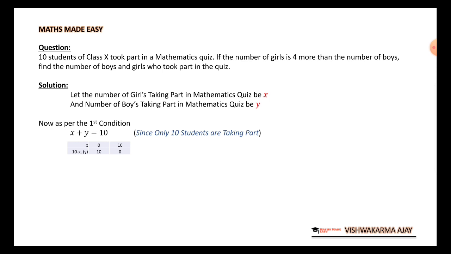If you remember yesterday's lecture, we put values of x to find the value of y. If I substitute the value of x as 0, the value of y is 10. If I substitute the value of y as 0, x is equal to 10. This is how we get the values when we have to solve it graphically.